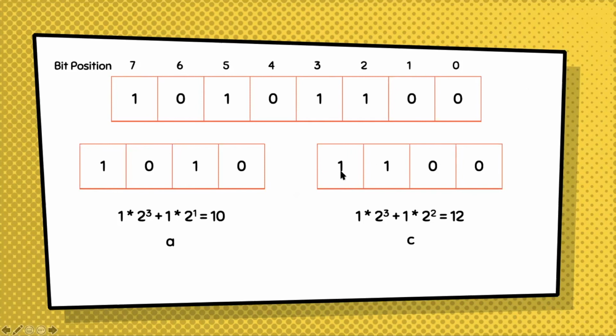Higher means the more significant bits, and the lower positions are the less significant bits. So here you get A and C, and then we use hex AC to represent this sequence of bits. This is usually the way that we represent a byte.